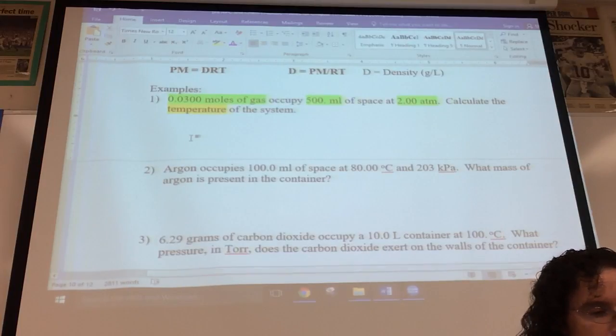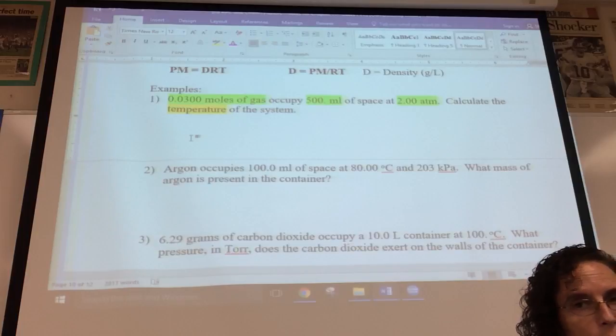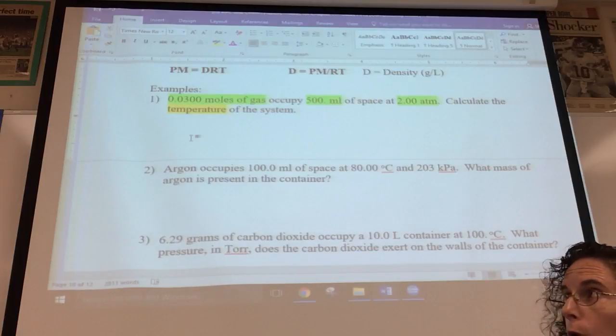When I work through these problems, I always write down all the variables. That helps me keep track of everything. But more than that, it helps me determine which formula is most appropriate to solve the problem. So what we've got here is n is 0.0300 moles.